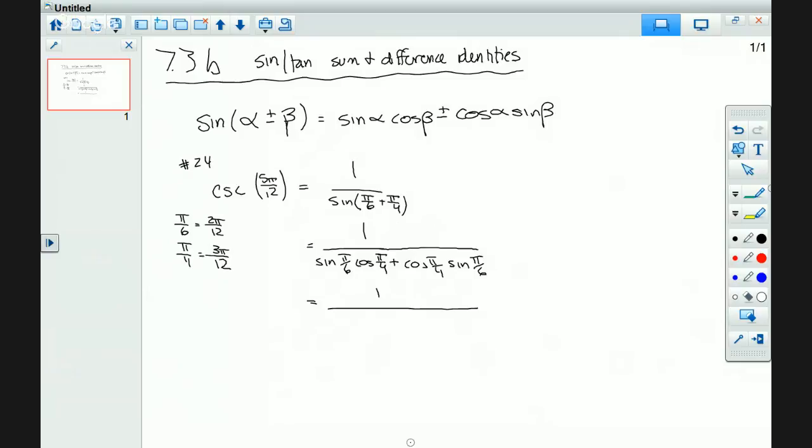Dominic, cosine pi over 4. Okay. Everybody's getting ready. Yep. Sine pi over 6. Yeah. And then Daisy, cosine pi over 4. Use your unit circle. Danielle, what's sine pi over 6?